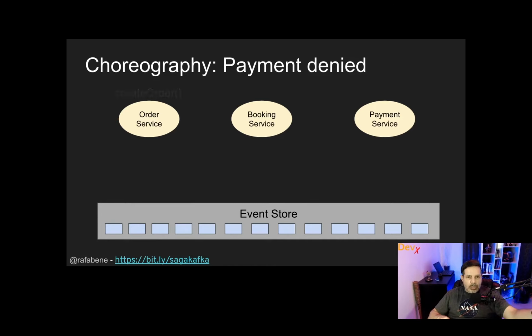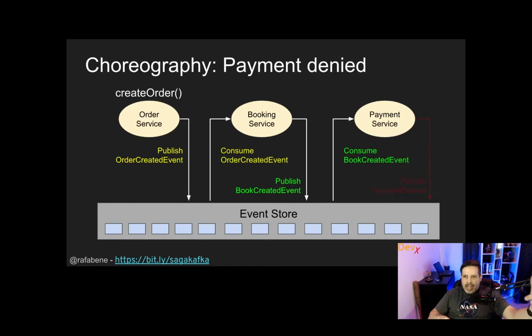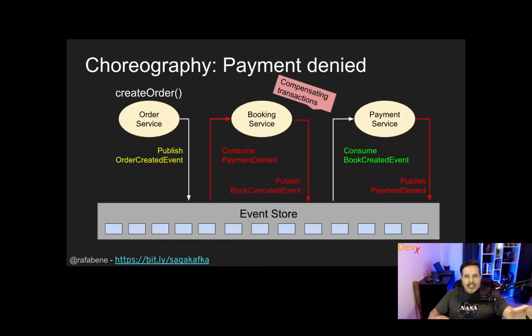Payment denied. We proceed with the events, and then the payment replies, payment denied. Then it's time to call the compensating transactions. So booking service knows that the payment was denied, so it cancels the booking and publishes that the booking has been canceled. The order consumes that event and cancels the order as well.